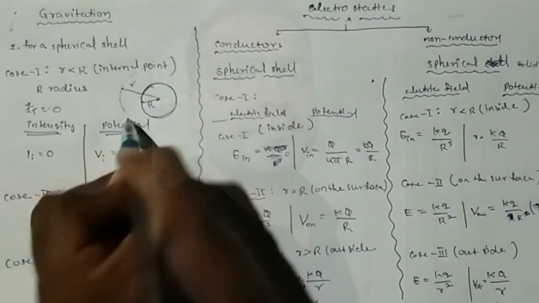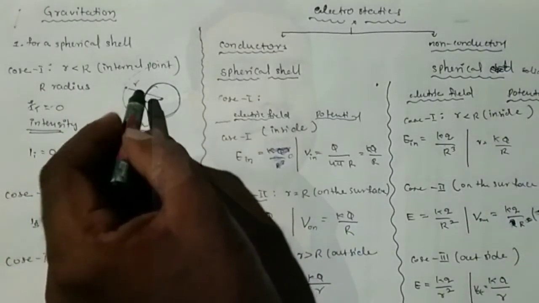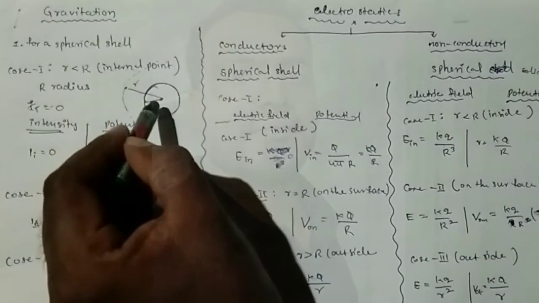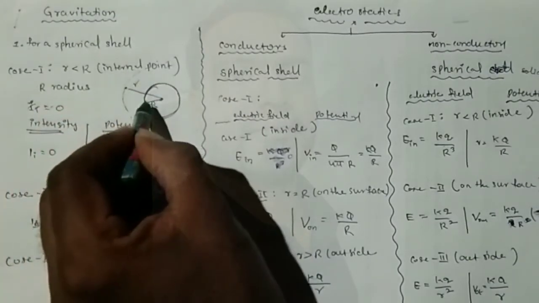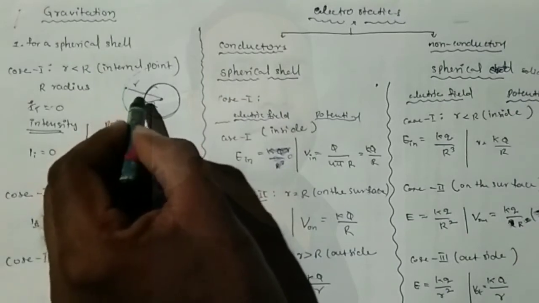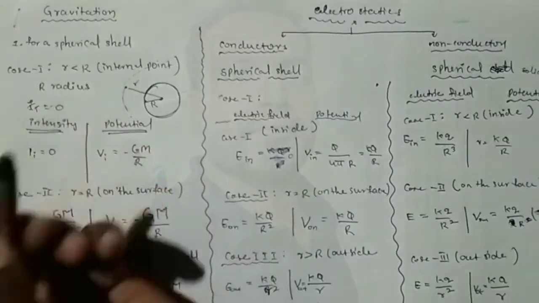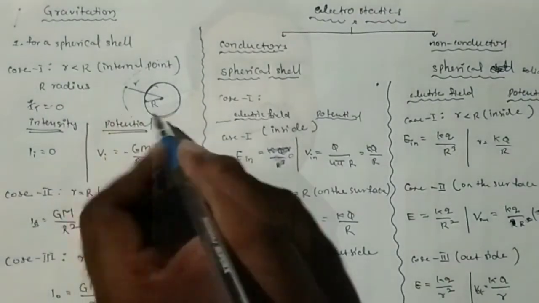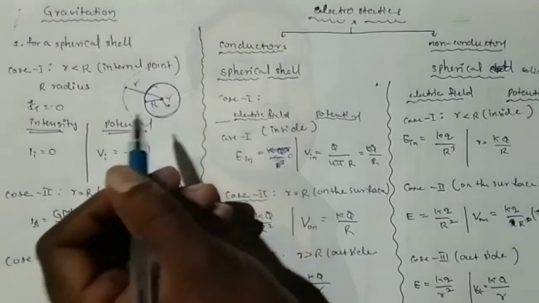These are inner and outer. Here case 1, inside the sphere, the inside point. Now radius R. In this we take the inside point, the smaller one, right?